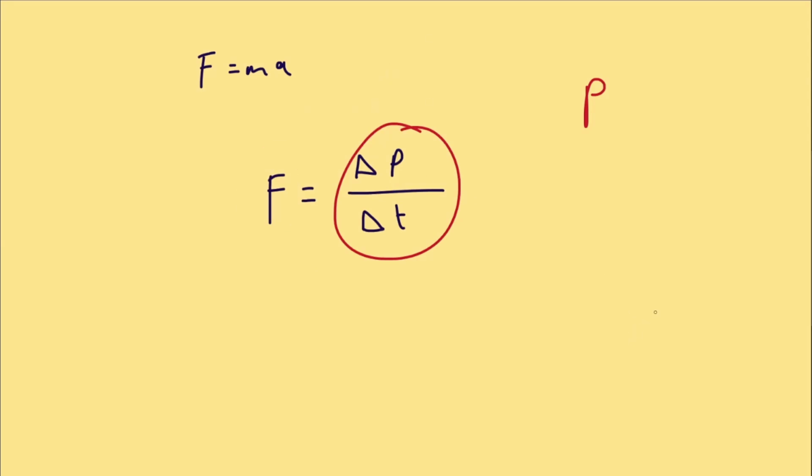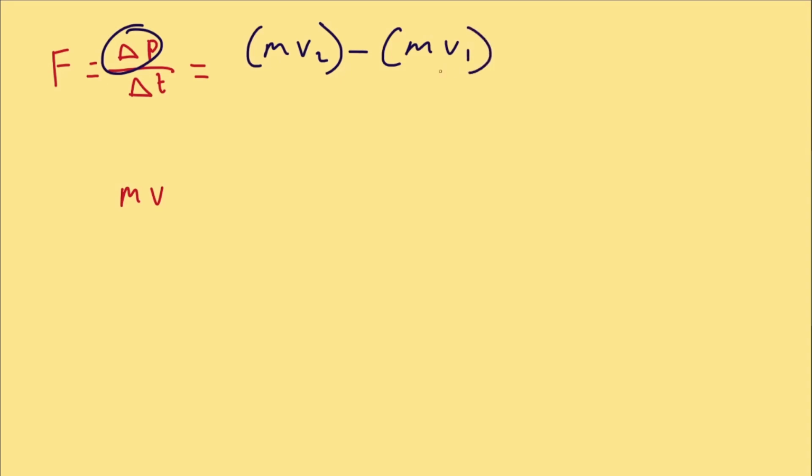Now, before we go into examples and problem solving, for fun, I'll show you how we derive the normal version of Newton's second law from this. So it's F equals the rate at which momentum changes. And momentum is mass times velocity, right? So we can write the change in momentum as the final mass times velocity minus the initial mass times velocity, divided by change in time.